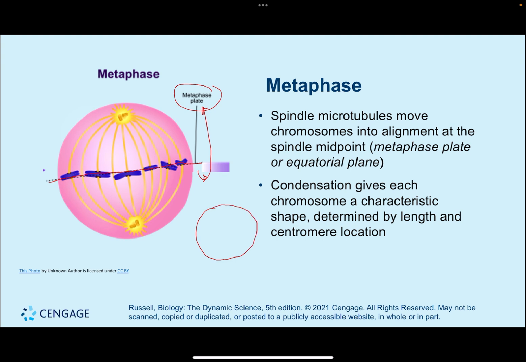So for example, these are the two poles of our cell, and then we have these chromosomes. So again, during metaphase, the mitotic spindle will attach to the centromere, or more specifically to the kinetochore attached to the centromere.